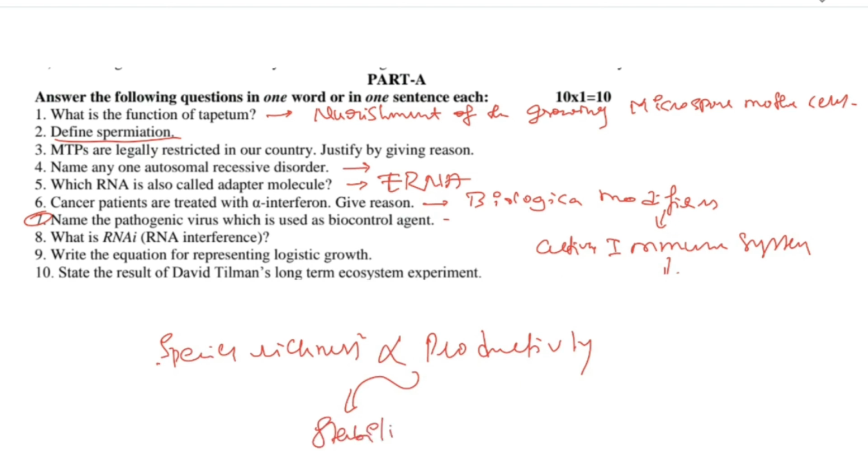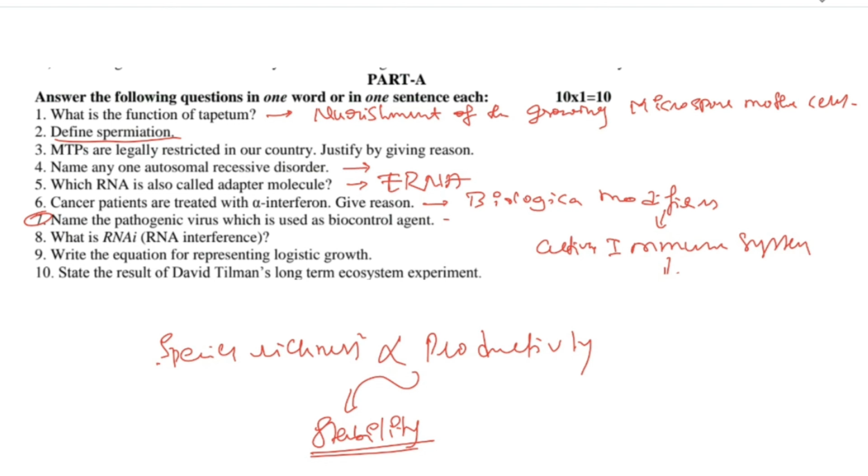Stability means everything has to be stable. If the species increase, productivity increases; if the species decrease, productivity decreases. But the stability was there. This stability was kept for a longer time. So ultimately he got a result that the stability of a community depends on the richness of its species.